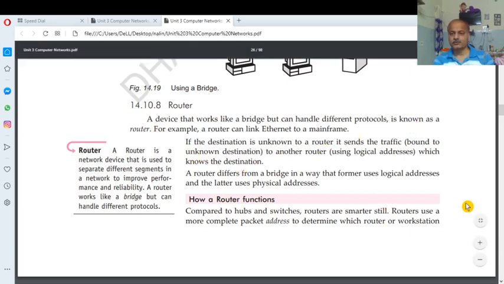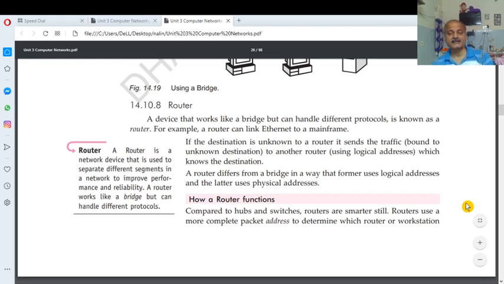So if the two networks are the same or different, and they are using different types of protocol, then the router can transmit the data from one network to another network or from one device to another device.